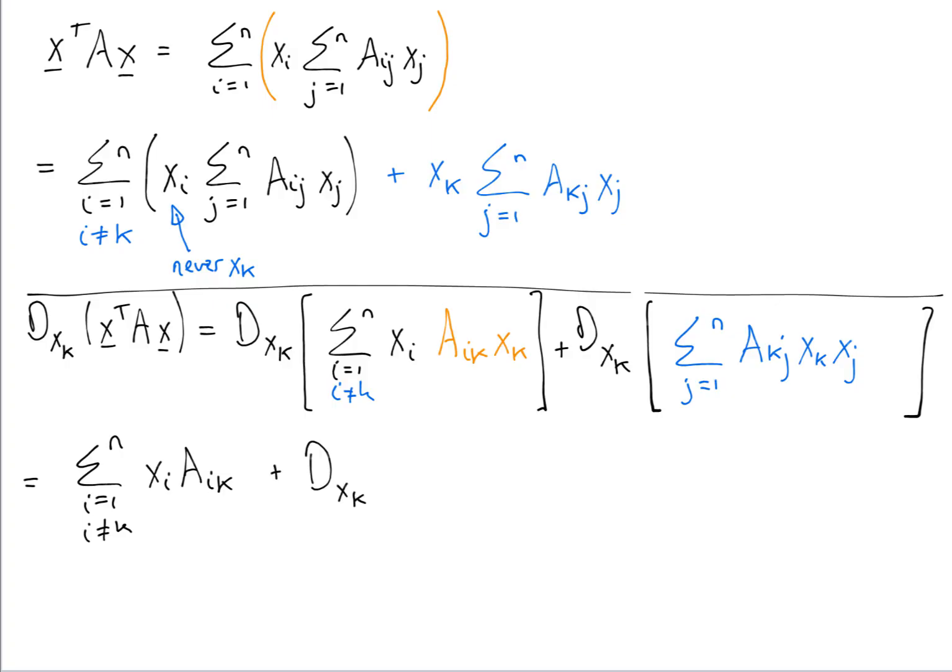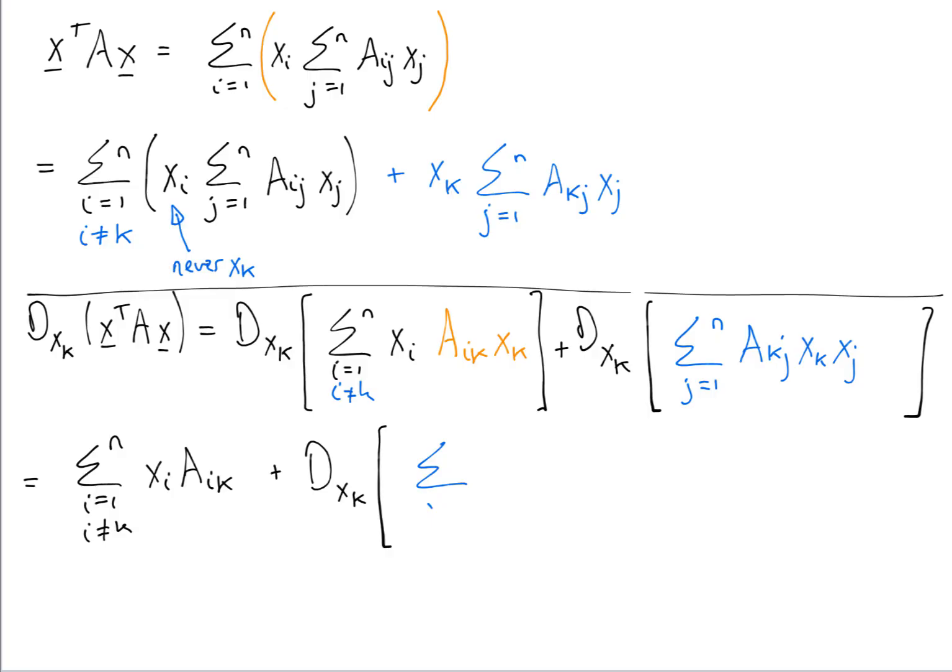For the next term, we notice that when j equals k, you're going to get an xk squared. And the differentiation rule for that will be different than when j is something different than k. So let's just pop that term out as well.